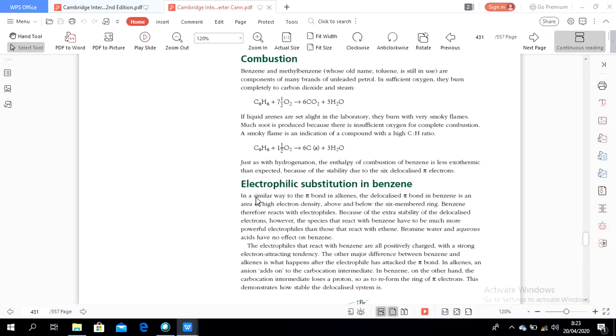So the pi electron is delocalized. Because of the extra stability of the delocalized electrons, the species that react with benzene have to be much more powerful electrophiles than those that react with alkenes.